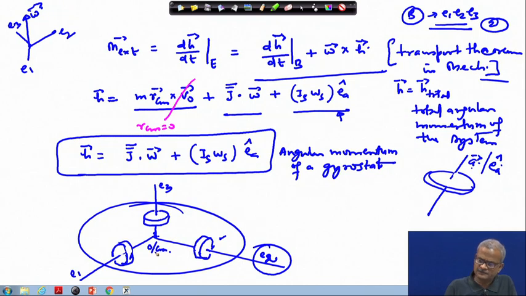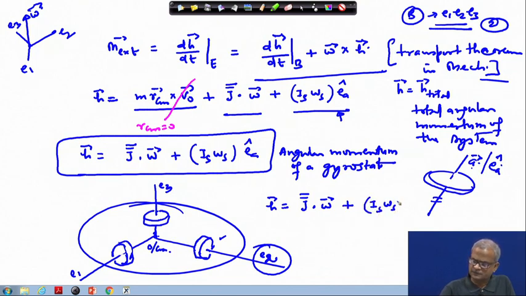So, if you have this kind of situation where instead of one wheel you have 3 wheels, the same equation you will write as H equal to. So, what we are doing, this is the angular momentum of the whole body about point O, including the wheels.